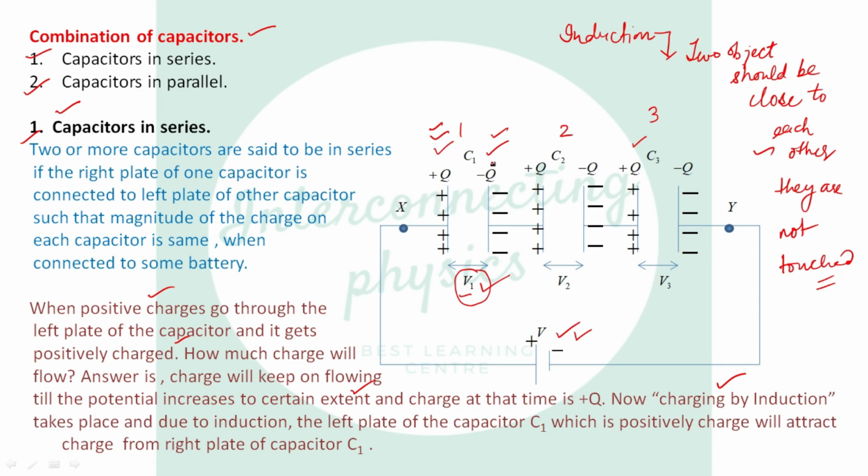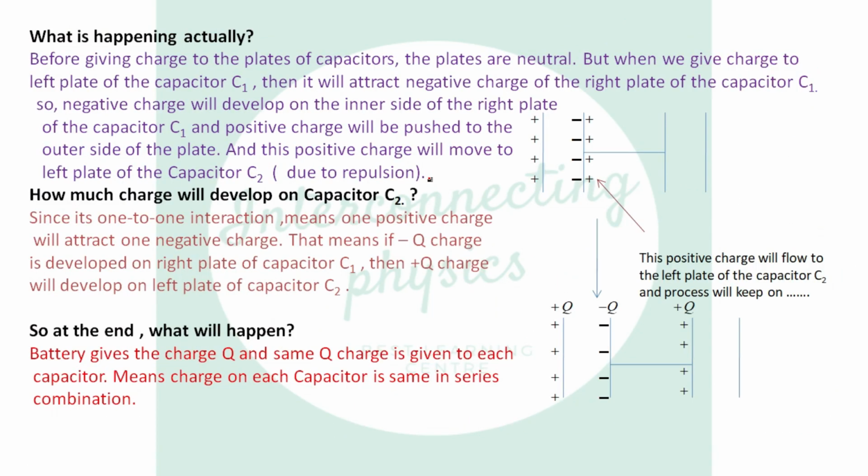This is a conducting plate, which means it has an equal number of positive and negative charges. Now this positive charge will attract the negative charges of this plate towards itself. This positive charge on the left plate of capacitor 1 will attract the negative charge of the right plate of capacitor 1 towards itself.